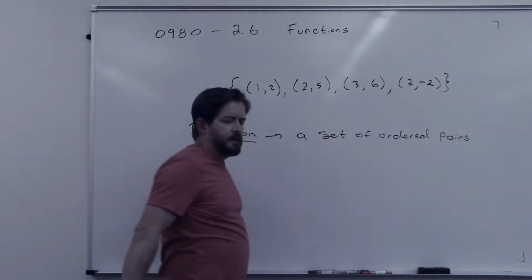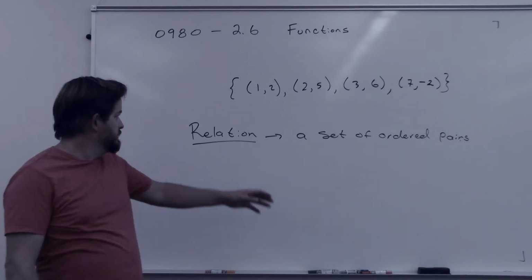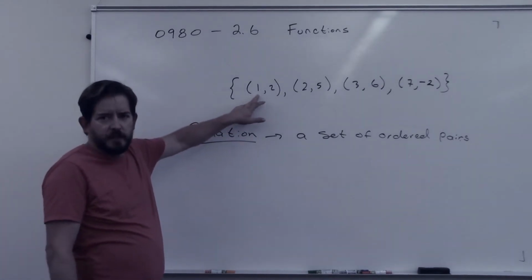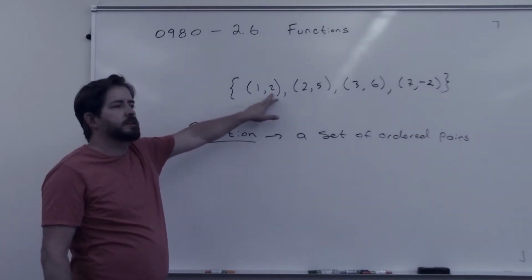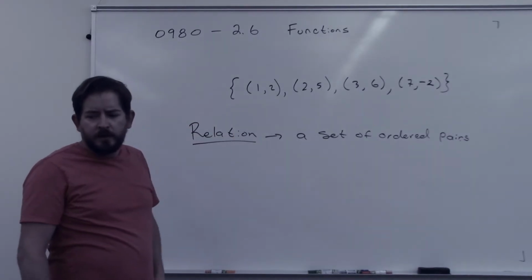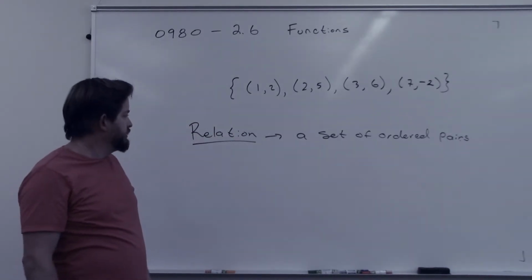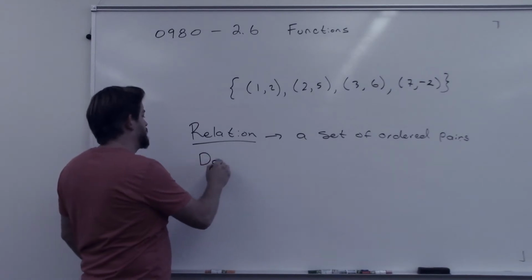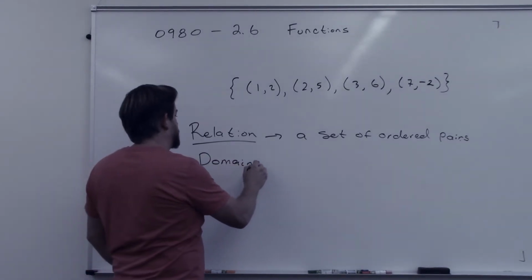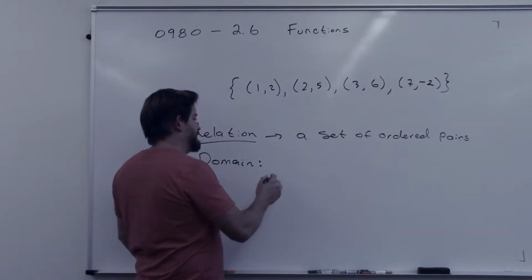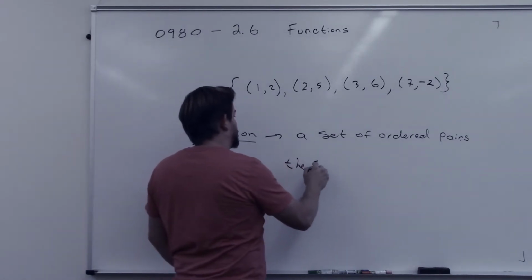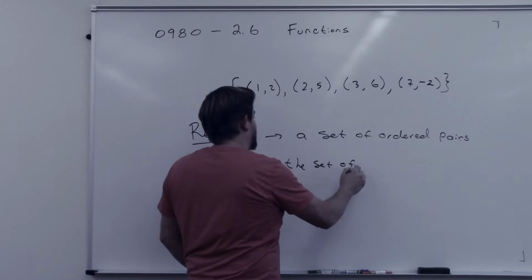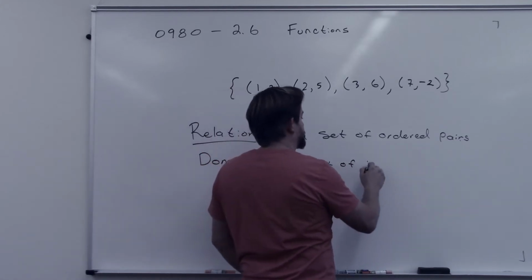The first entry of an ordered pair is always the input, whereas the second one is called the output. And so in this relation there is something called the domain. That domain is the set of input values, essentially.